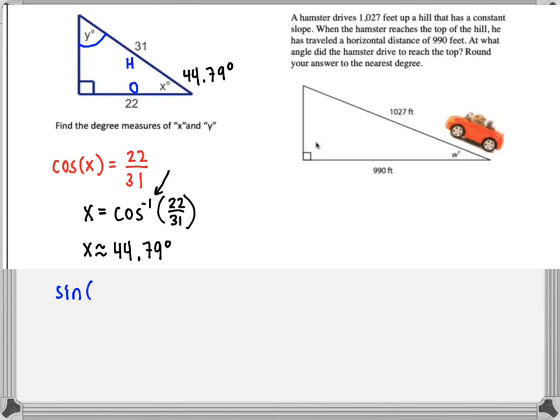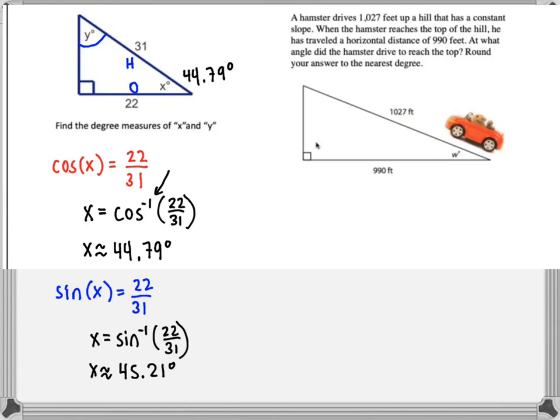And so we would have sine of y equals 22 opposite over hypotenuse 31. To solve, we would go y equals the inverse sine of 22 divided by 31, which is going to approximately give me 45.21 degrees.